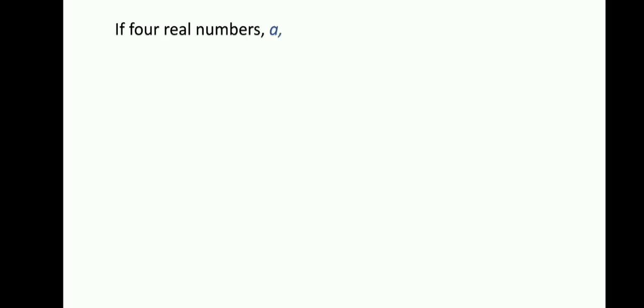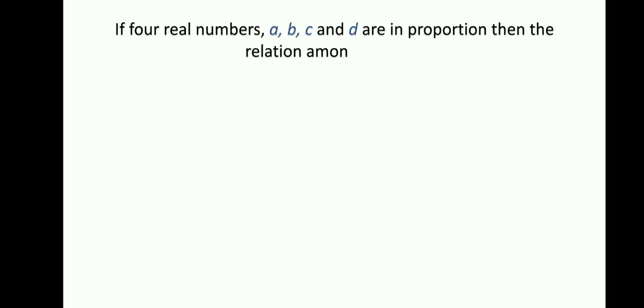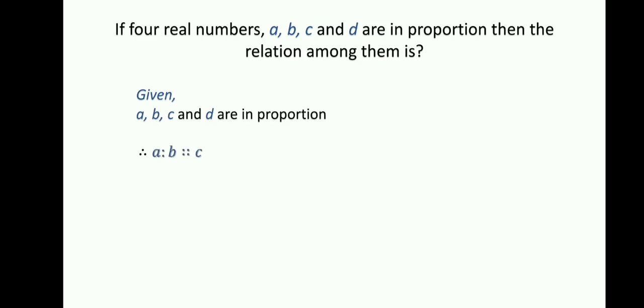If four real numbers a, b, c, d are in proportion, then let's see the relation among them. If they are in proportion, we can write them as fractions. Then we cross multiply, and this is what you get: a into d is equal to b into c.